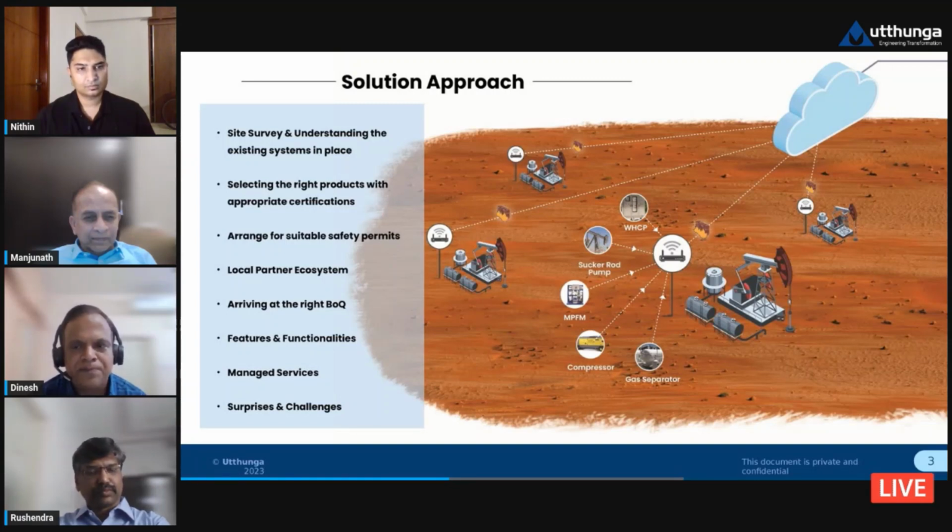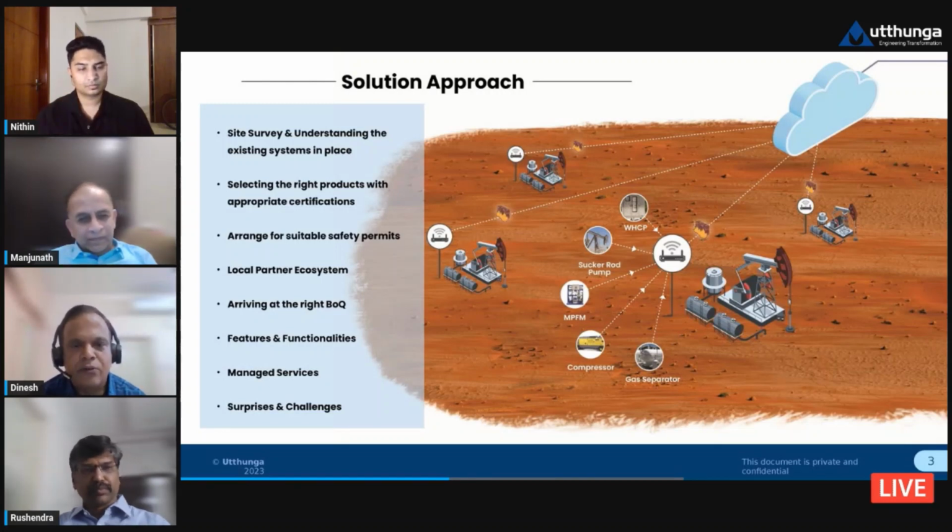And then of course, the other part is, where do we really put the application? In the case of our experience, it was hosted on a cloud. And so when we say we have to host this on a cloud, the next immediate challenge would be what communication infrastructure existed in that field, whether we should do it over a 4G, or over a SATCOM, or on a fiber optics cable.